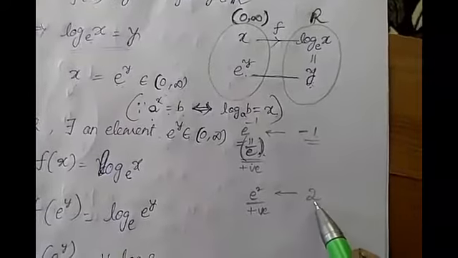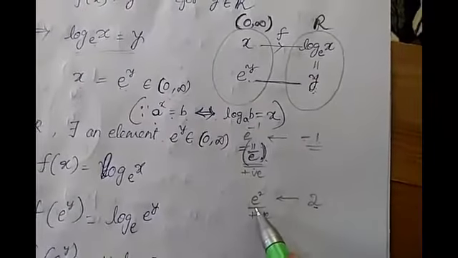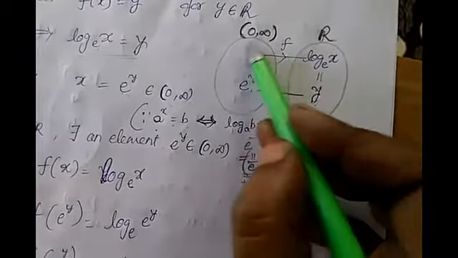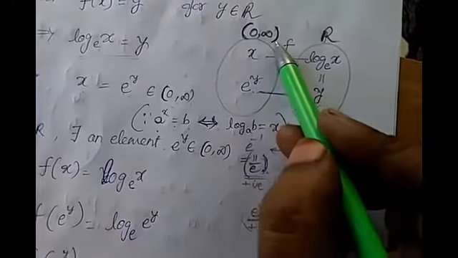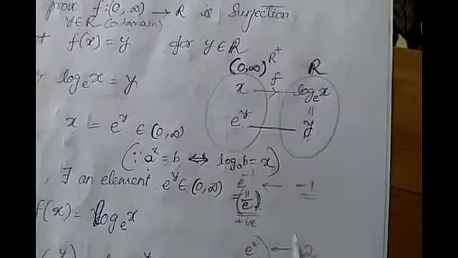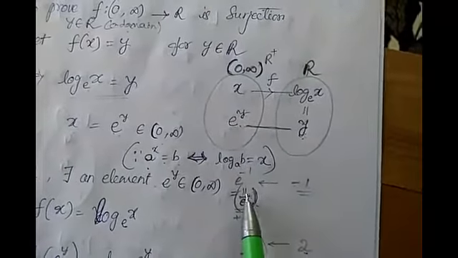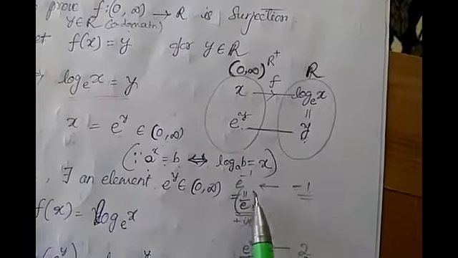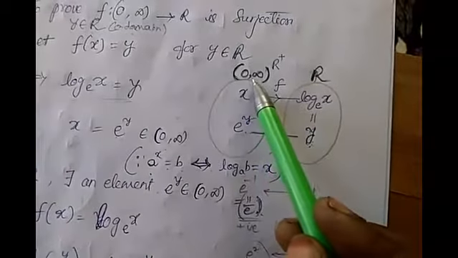Let us take another example. If you take 2, then e square is a positive value. e square is also in the open interval 0 comma infinity. What does open interval 0 comma infinity mean? The set of all positive real numbers. So e square and 1 by e all belong to the open interval 0 comma infinity.